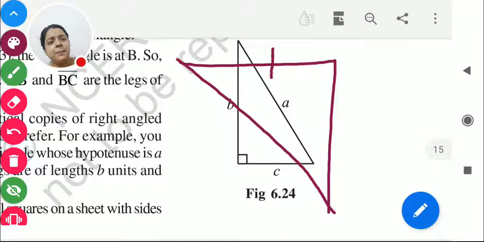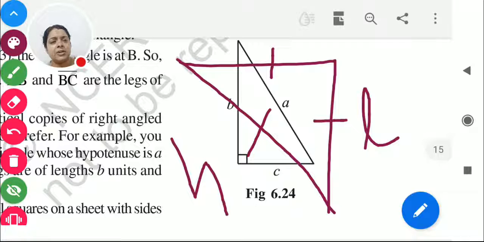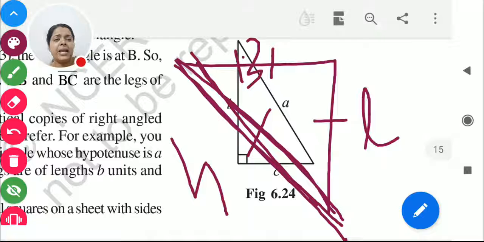So this will be the base, here will be the length and here will be the H. Remember, B, L and H are the three names given to the sides of any triangle. But the most important thing we must know is that one angle is supposed to be 90 degrees.